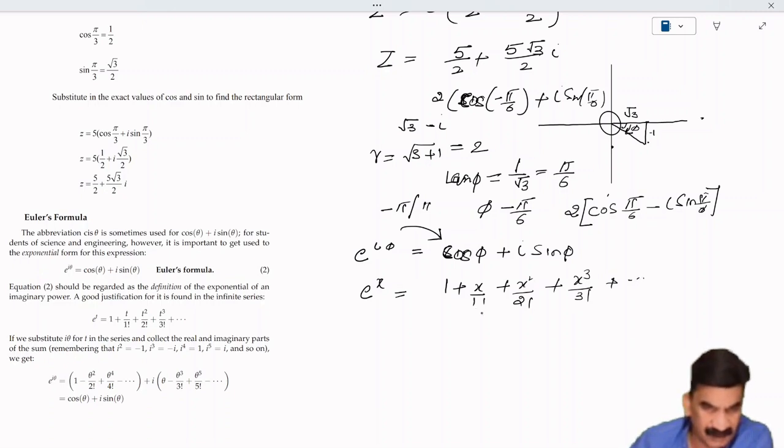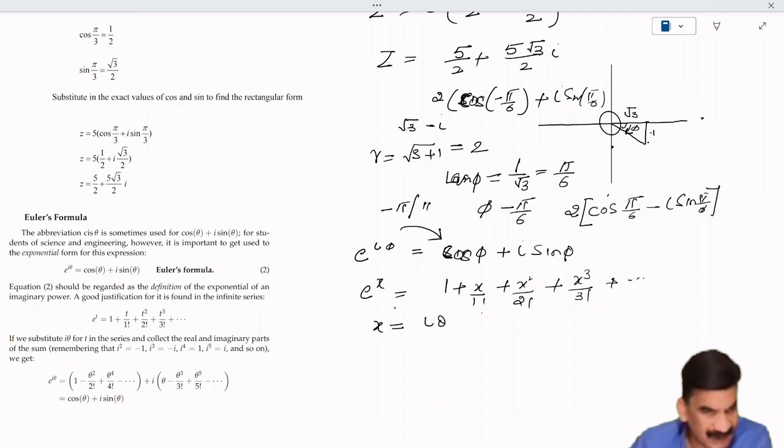People write 1 factorial, I am okay with this. Correct? Now, in place of x, if I substitute i phi or i theta or whatever, so I am saying x is now i theta.